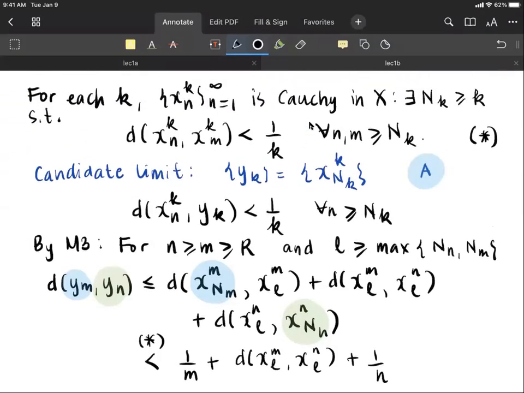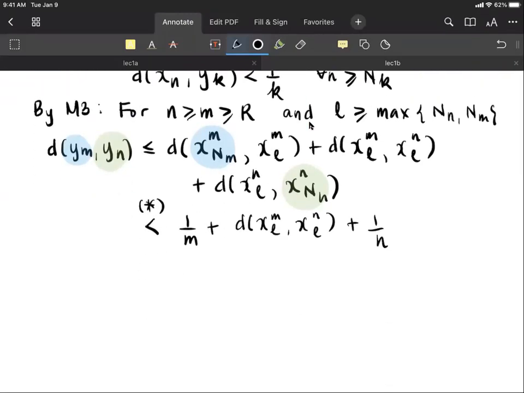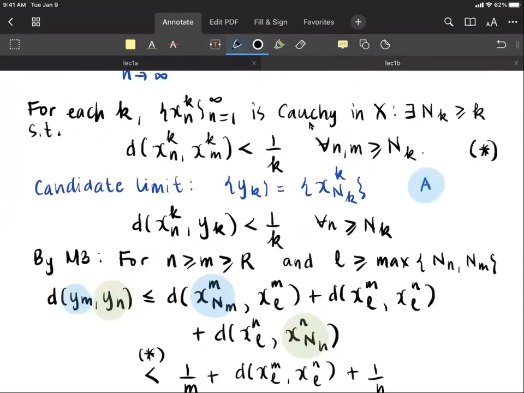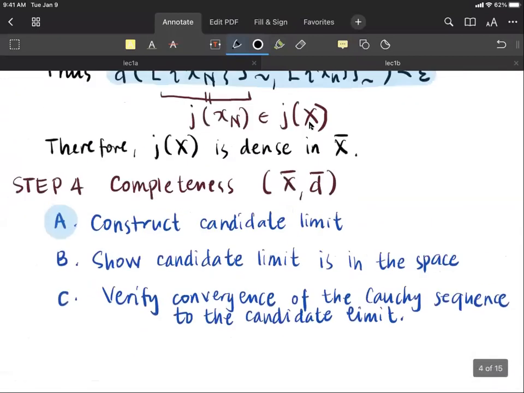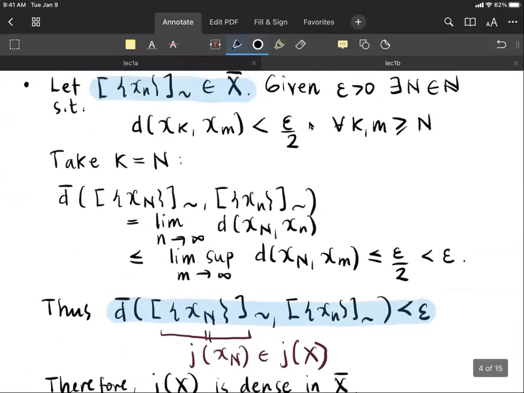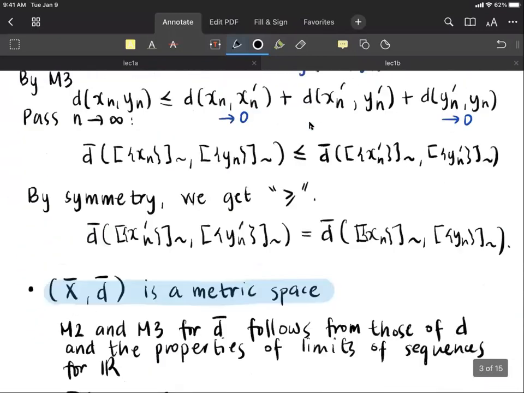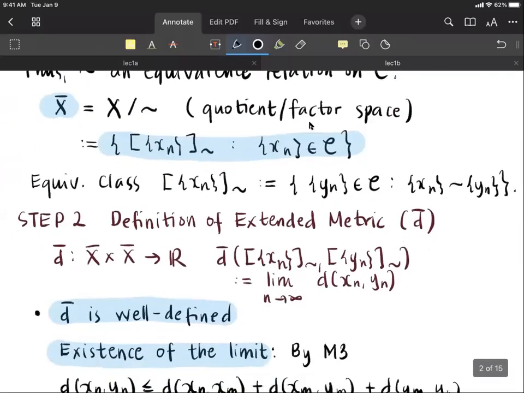Now that we have this, if we pass L to infinity, and going back to the definition a while ago, let us go back to the very beginning.